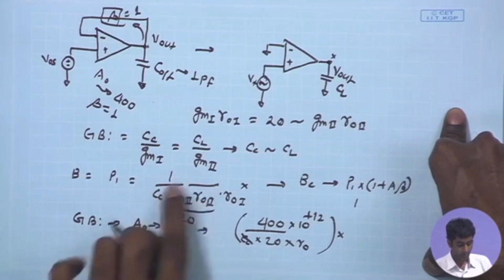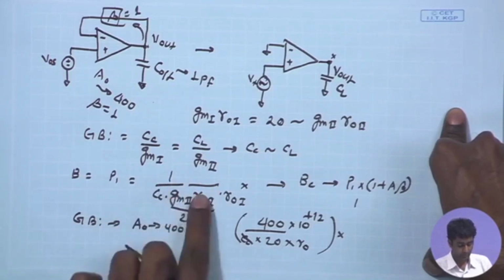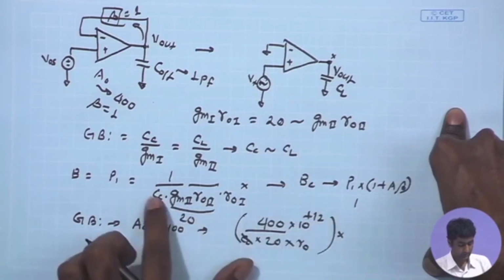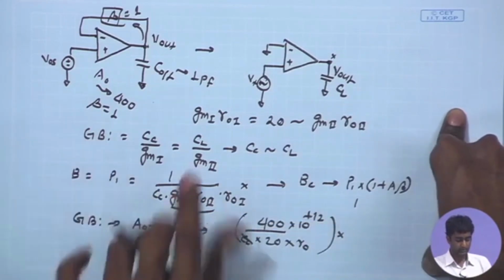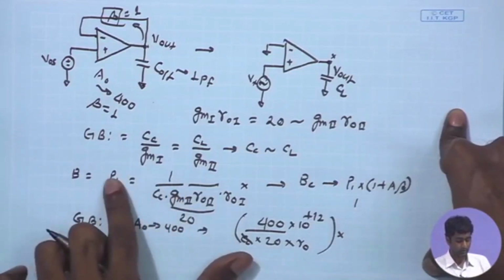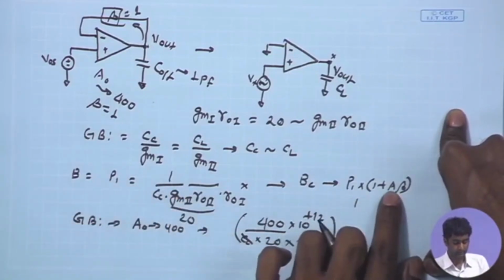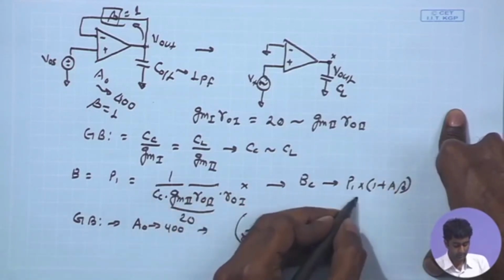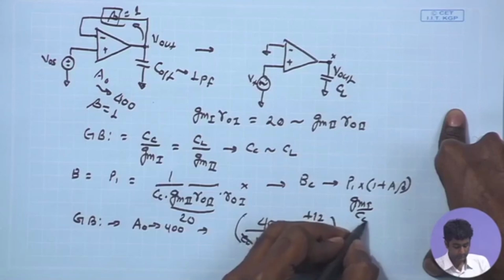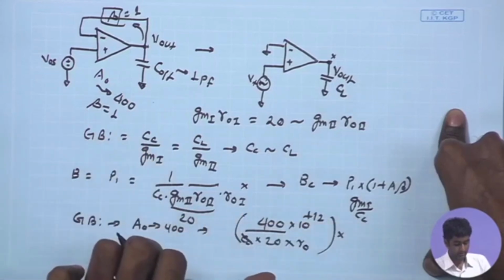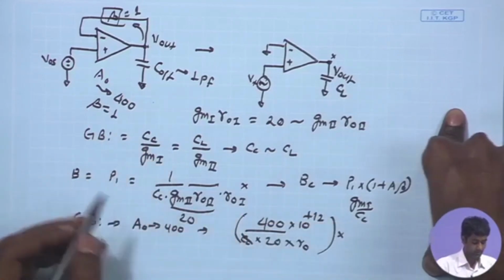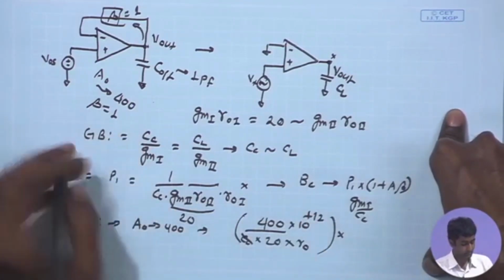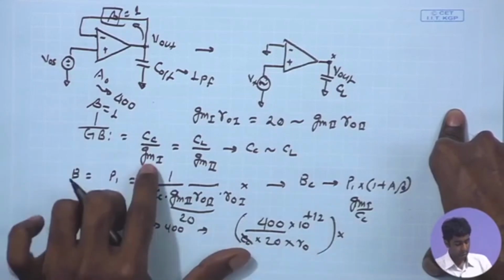Therefore, the closed loop bandwidth that we are going to obtain from here is once again just GM1 upon Cc. So, you have P1, the open loop bandwidth, times 1 plus A beta, where this is just A, and A times this quantity once again gives me GM1 upon Cc.